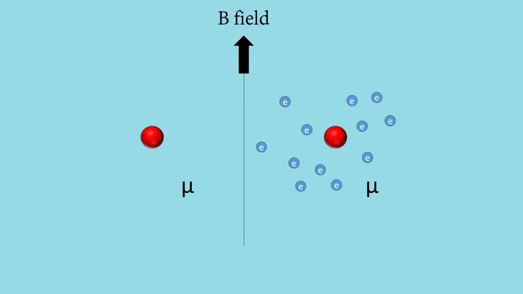The magnetic field at the nucleus is not equal to the applied magnetic field. Electrons around the nucleus shield it from the applied field. The difference between the applied magnetic field and the field at the nucleus is termed the nuclear shielding.